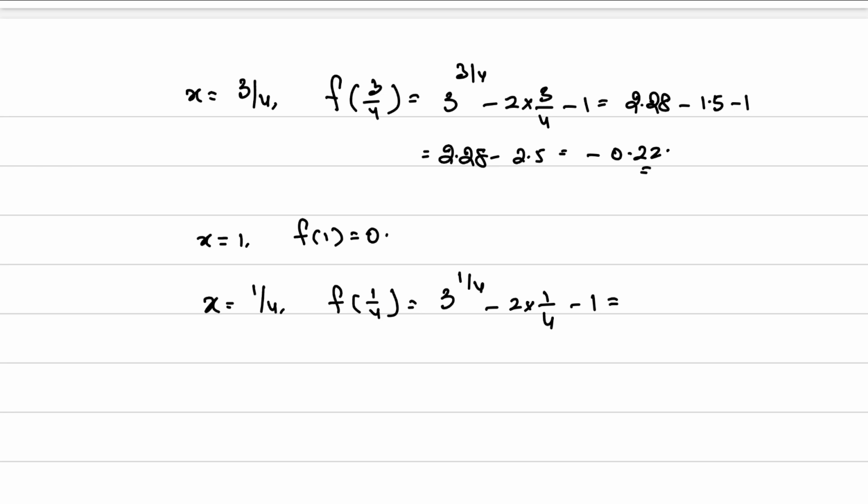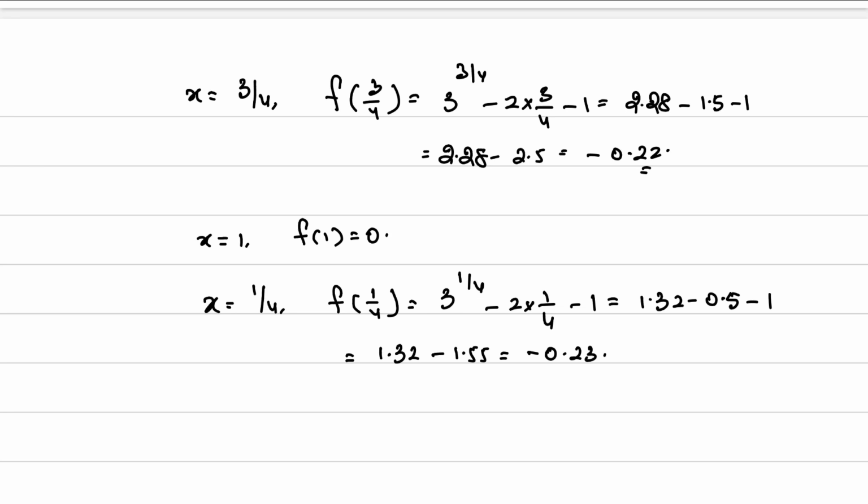Please, 3 to the power of half is 1.732. 3 to the power of 0 is 1. It is in between 1.1 and 1.732, approximately. It is approximately 1.32 minus 0.5 minus 1, that is equal to 1.32 minus 1.55, that is equal to minus 0.23.